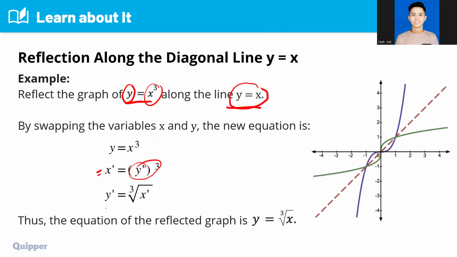Therefore, we have y equals cube root of x. We swap the variables x and y, and the new equation now is y equals cube root of x.